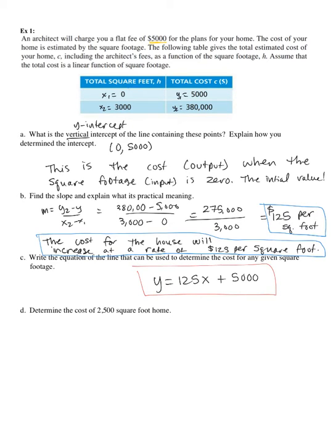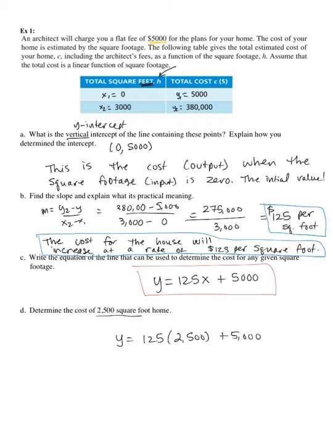Now we're supposed to determine the cost of a 2,500 square foot home. 2,500 square feet, that is input, right? Because the input is square feet. So we're going to plug that into our x value: 125 times 2,500, and then plus 5,000 for the plans.